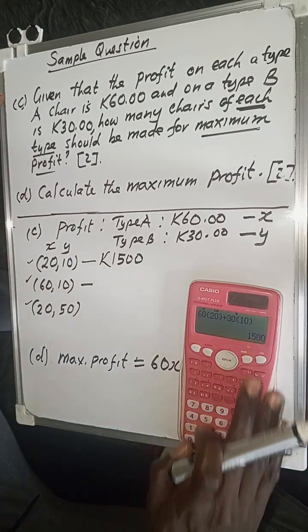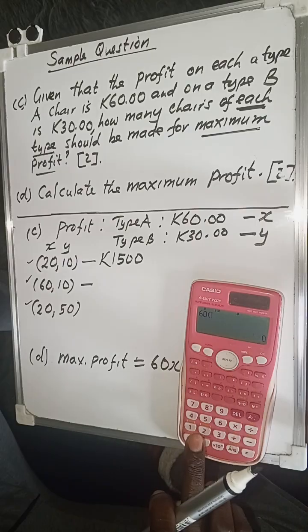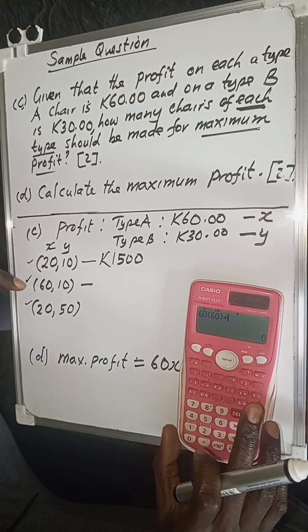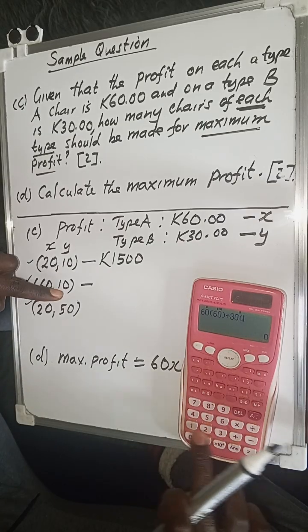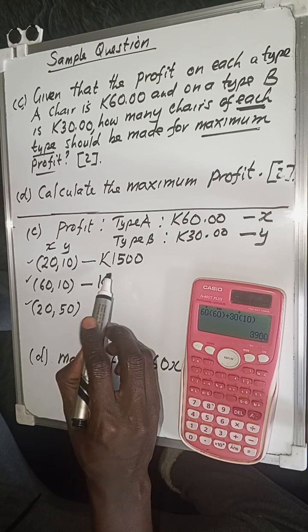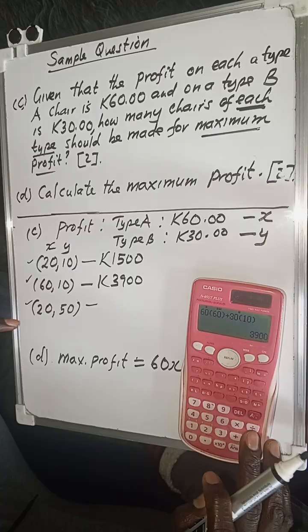Let's go for this one and we try it out. So using that, it will be 60 multiplied by X, which is our 60. We close the brackets plus 30, again open the bracket. My Y there is a 10. Close the bracket. So that profit here will give me 3,900. We also go for this one there.